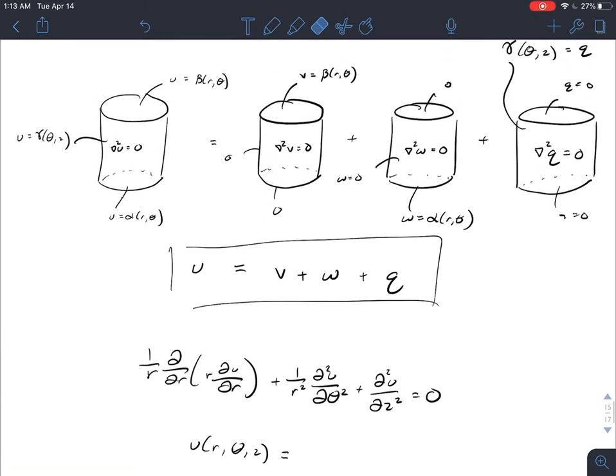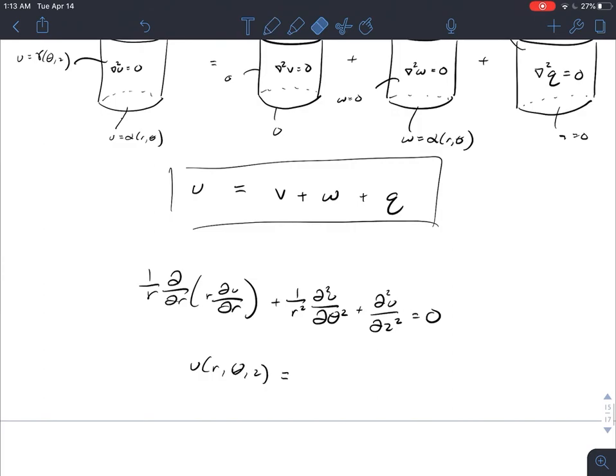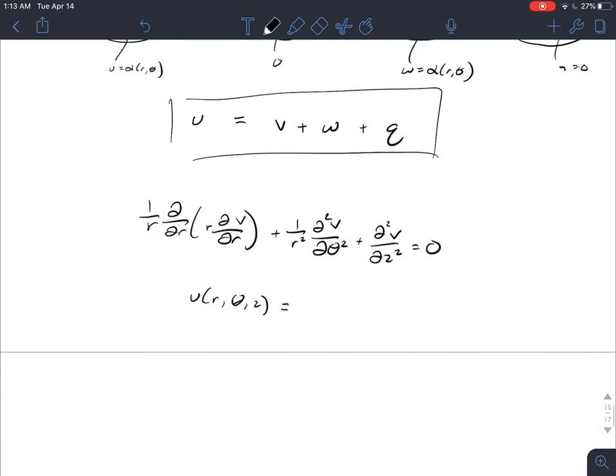Actually, to keep with the notation, in order to make this a solvable problem, this is v. Let's solve for v. Here, remember separating variables.